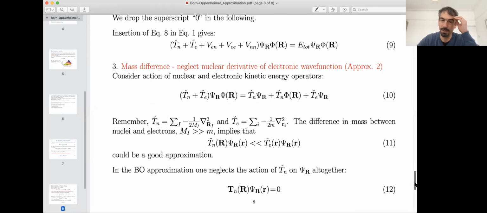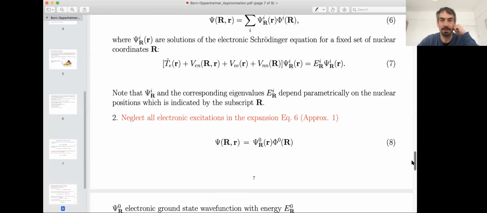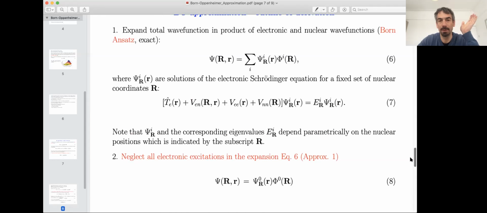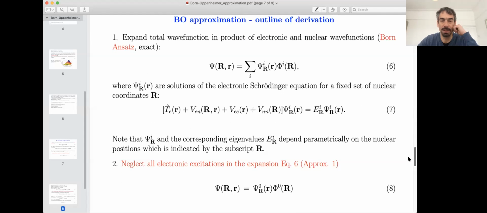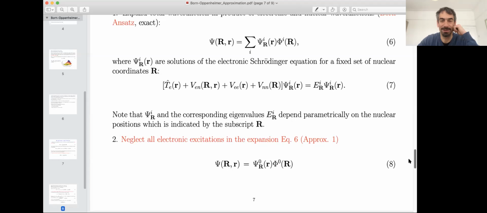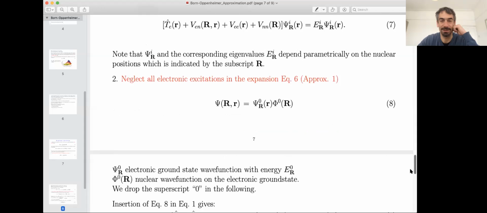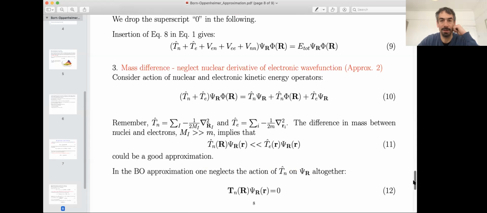So that's actually the mathematical derivation of the Born-Oppenheimer approximation. Since it's all a bit mathematical here, it's important that you realize what the Hamiltonian is, what the wave function is, and on which variables these things depend. Especially here in line 10, you have two operators.